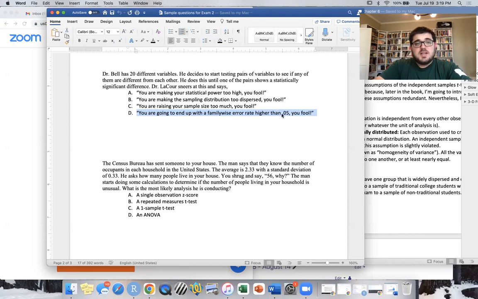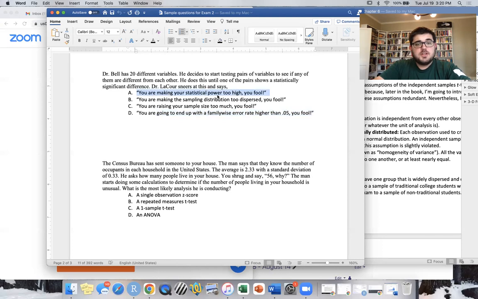If you do multiple tests on the same data, you're increasing your probability from 5% to a higher percent. So if there's really nothing there and the null hypothesis is true, you keep raising the probability that you're going to end up rejecting the null hypothesis when you shouldn't have. That's increasing the family-wise error rate.